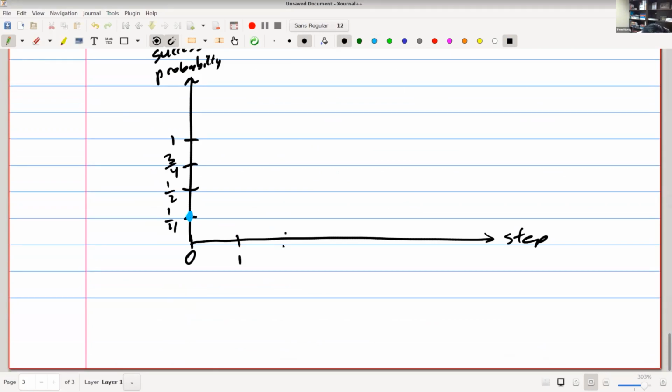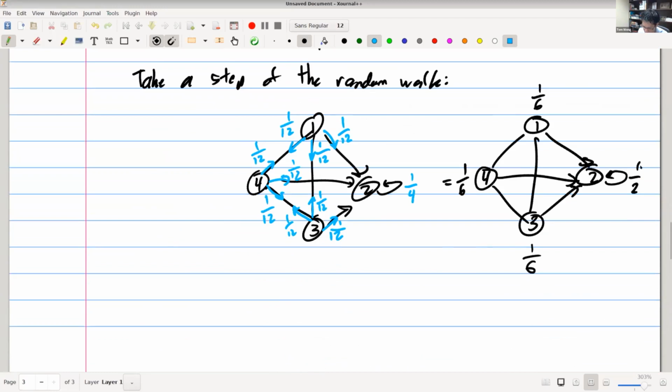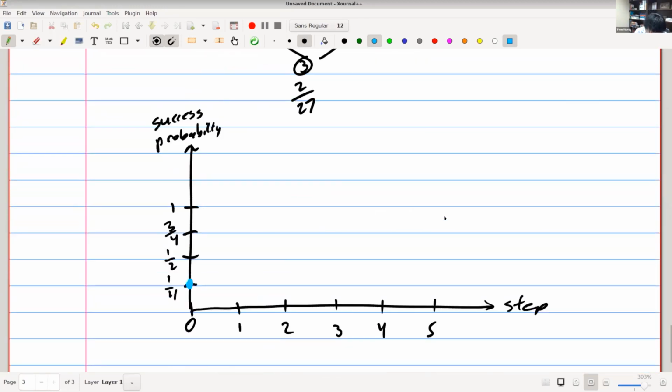After 1 step, the probability of finding the marked vertex jumped from a quarter to a half, and then 2/3, and then 7/9. So we go to a half, 2/3, 7/9, something like that. Basically what you see is that this is going to increase and asymptote towards 1.